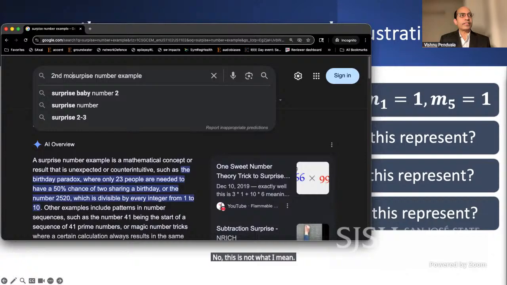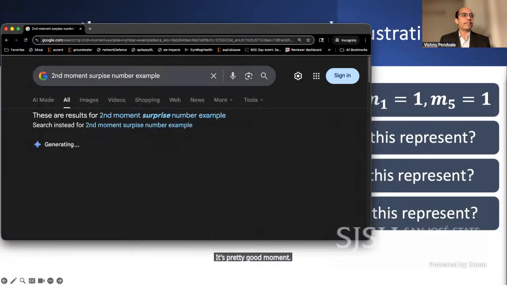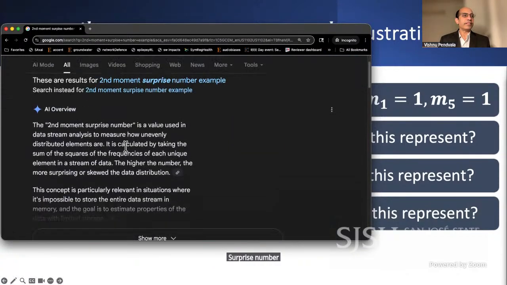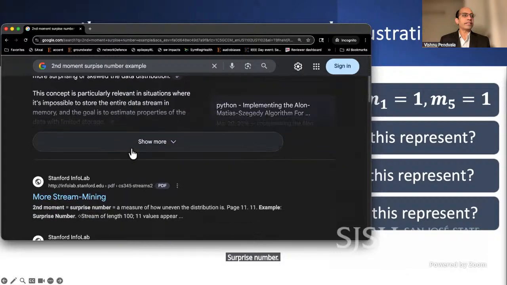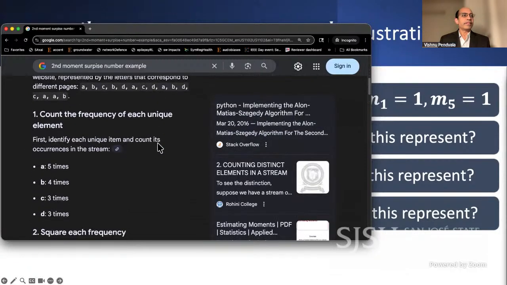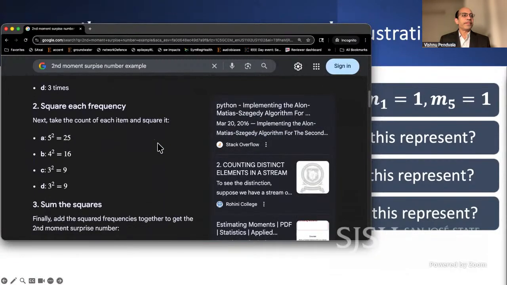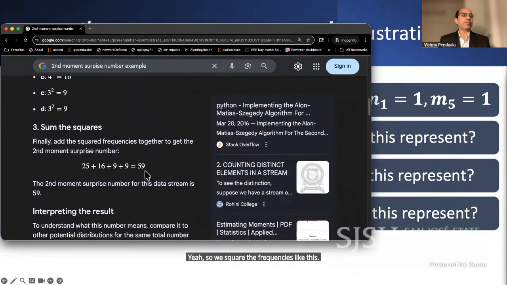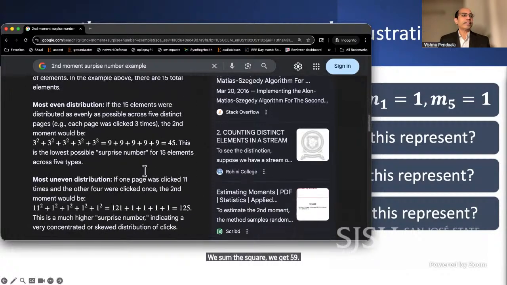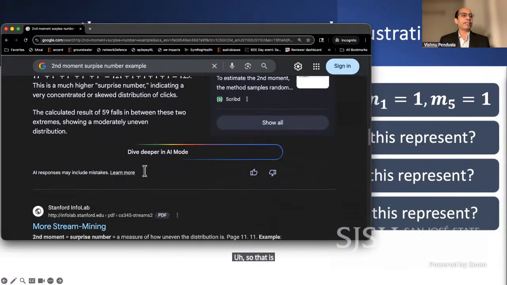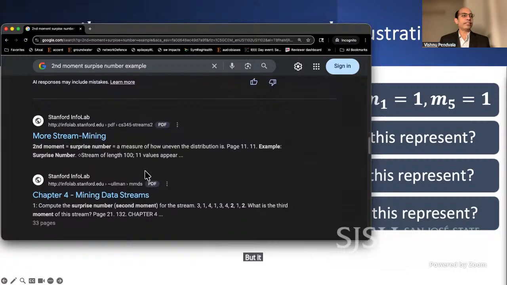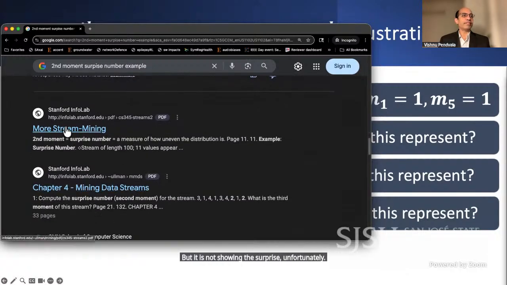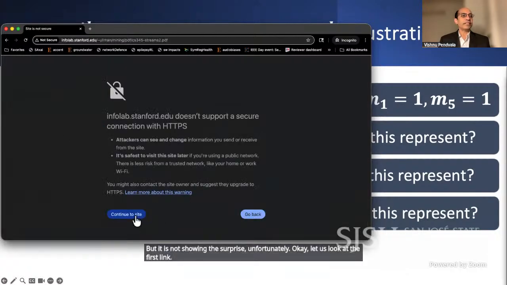Second moment, surprise number. Yeah, so we square the frequencies like this. We sum the squares, we get 59. So that is the surprise number, but it is not showing the surprise, unfortunately. Okay, let us look at the first link.